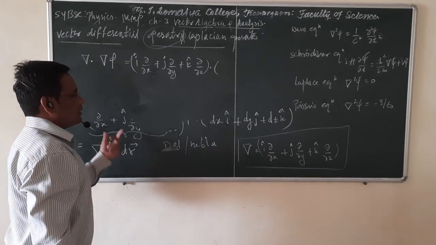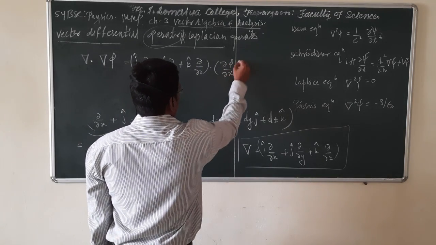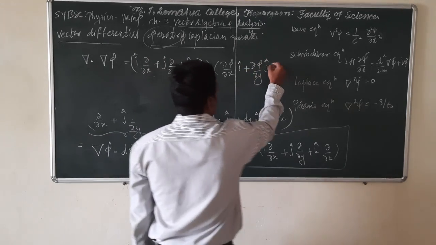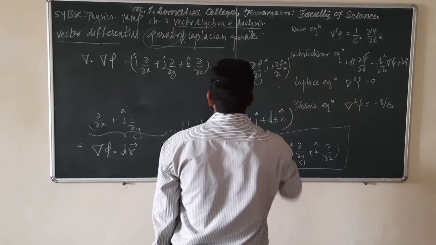Gradient of phi is ∂phi/∂x i cap + ∂phi/∂y j cap + ∂phi/∂z k cap.